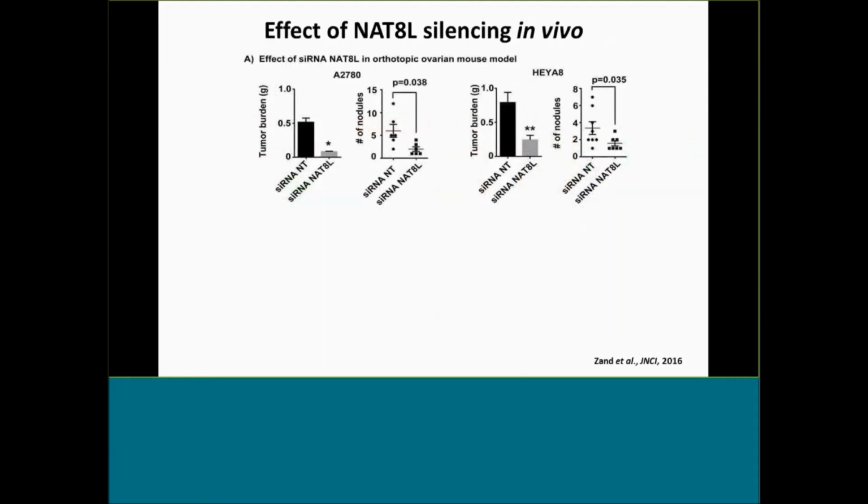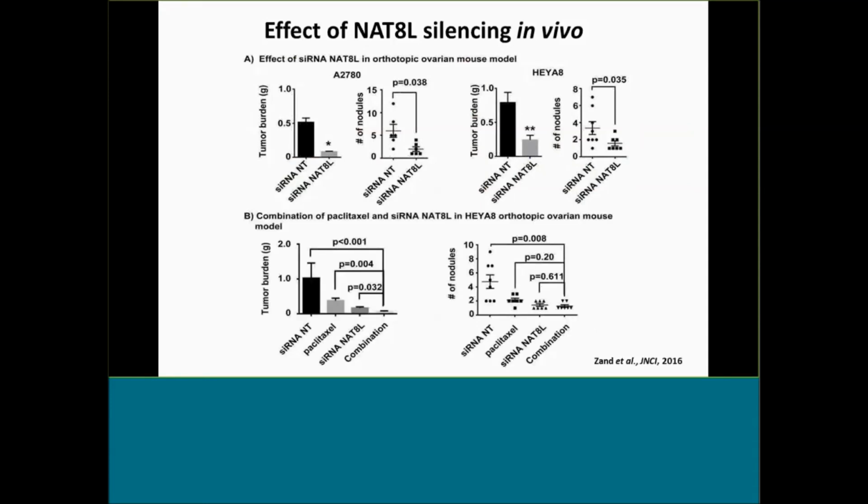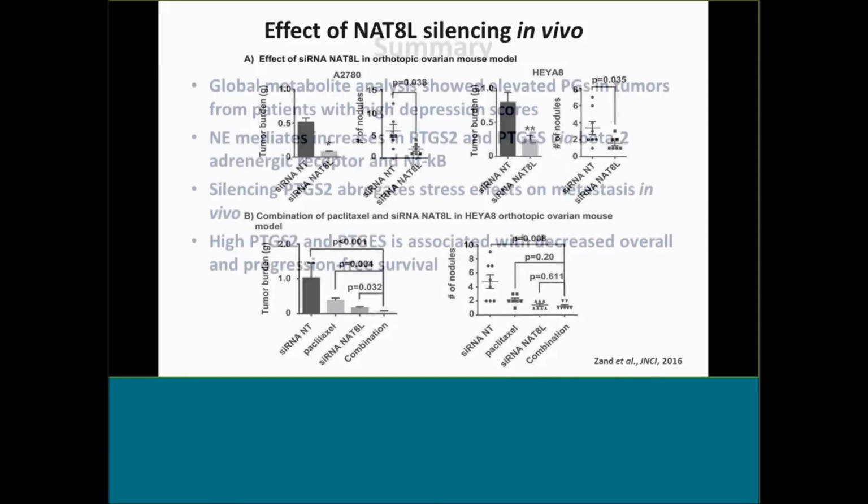Again, at an in vivo level, we use our DOPC platforms. If you silence NATSL to reduce NAA levels, there are fairly profound reductions in tumor growth. We've done similar experiments in melanoma because of the TCGA data that we found. And if you combine it with certain cytotoxic drugs, there is really robust anti-tumor activity in this context.